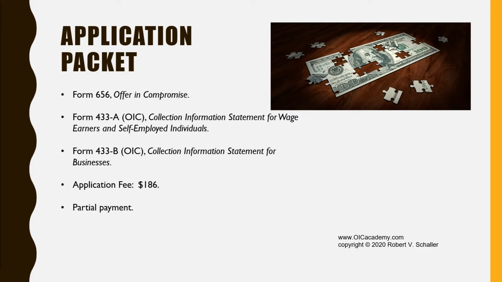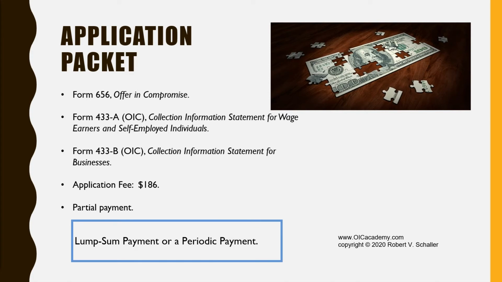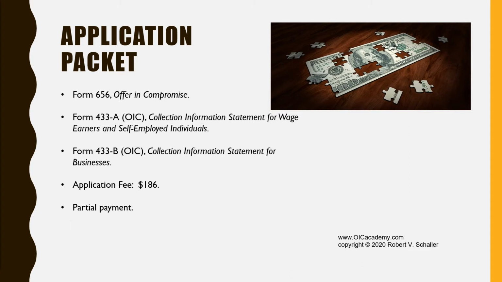The second payment obligation relates to the offered down payment, or sometimes called the partial payment. The payment is either a lump sum payment or a periodic payment and depends on which of the two payment plans the taxpayer chooses. Separate payment plans will be discussed in detail in other courses offered by National Offer and Compromise Academy.